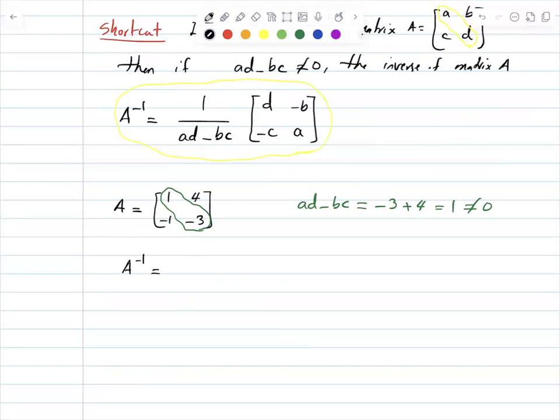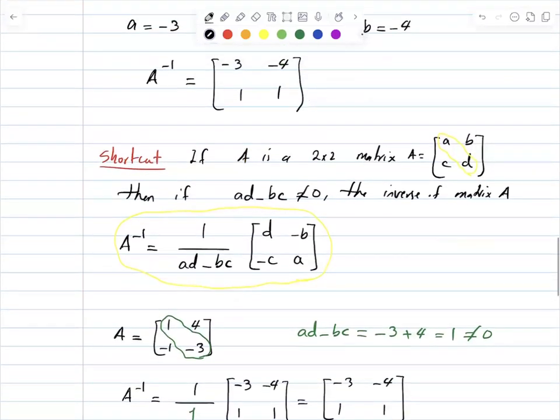The inverse of this matrix is 1 divided by 1 scalar multiplication with, now I'm going to switch the entries on the main diagonal, negative 3 and 1, and I'm going to multiply the entries that are not on the main diagonal by negative sign. And this guy is basically negative 3, negative 4, 1, and 1. So as easy as that, you can find the inverse of the matrix here.